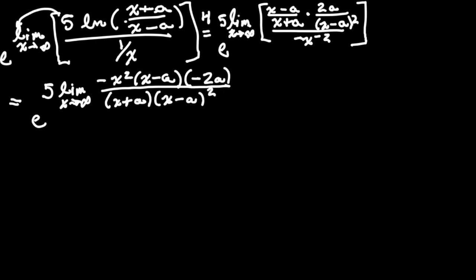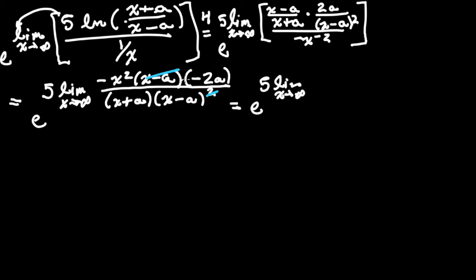And so what you'll notice here is that we can then cancel out these two factors, well, just the top one, and then take away the squared from the bottom one. And so what that further leaves us with is equaling e to the 5 limit as x goes to infinity.